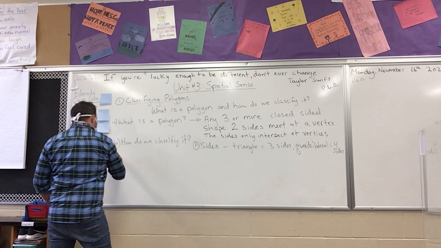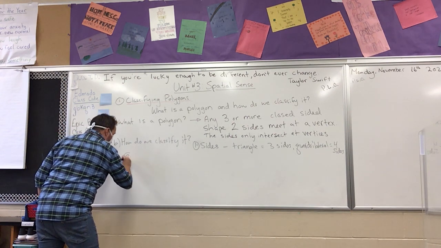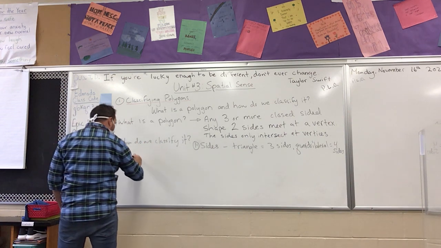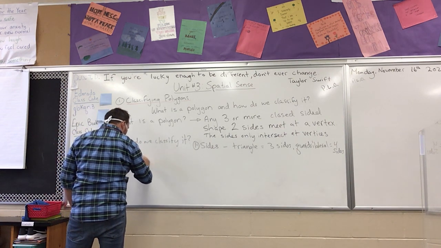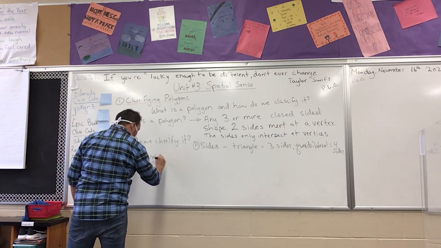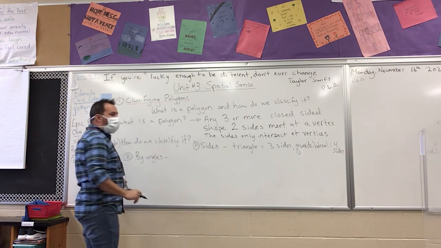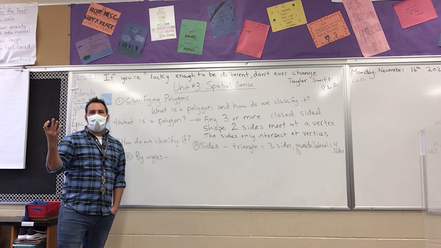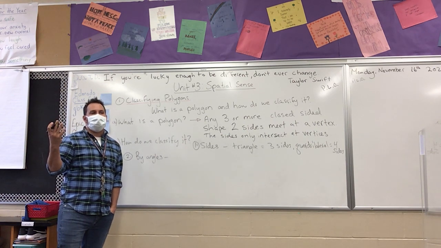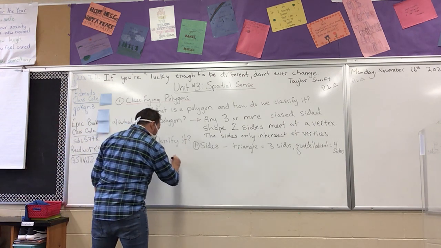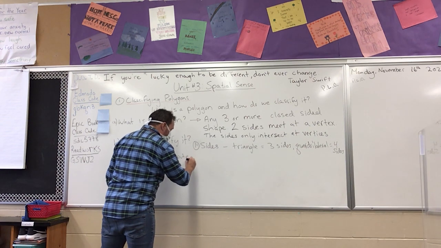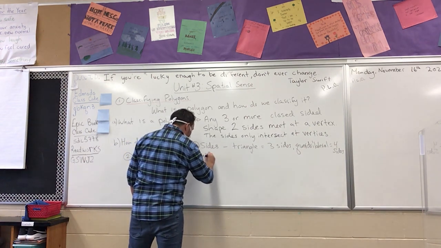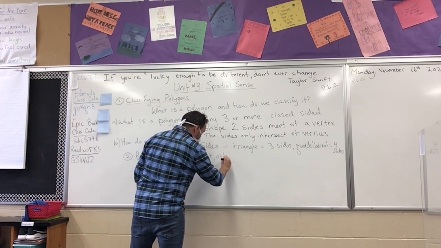I'm going to bring this second one over here so that we've got more room. I think you said this, but we also classify by angles. Yeah, right? So when we talk about angles, we can talk about, well, what are some of the angles that we understand? We know that there's an acute angle, right? There's a right angle. Obtuse. We have obtuse.